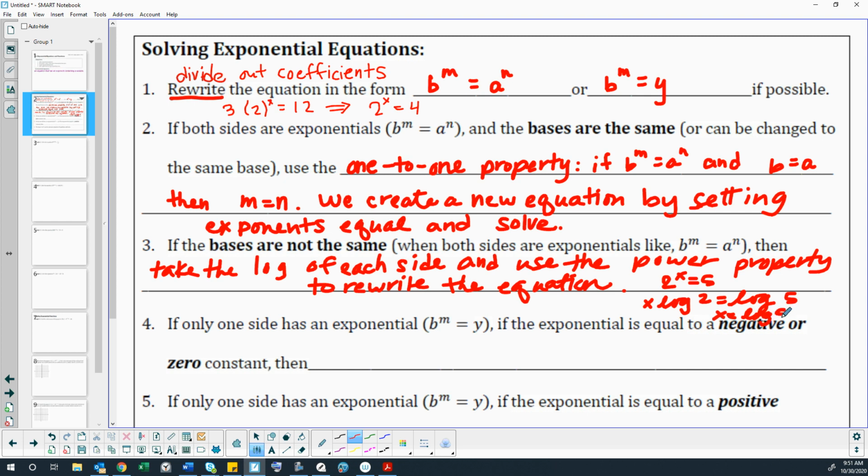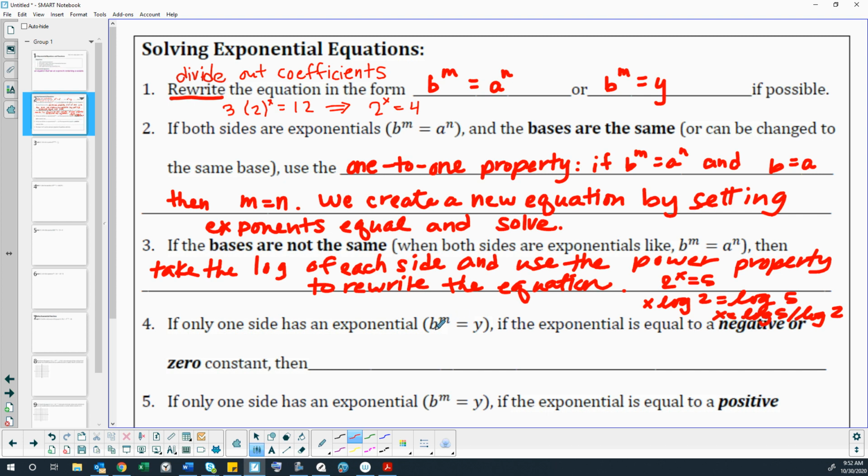That gives me log 5 divided by log 2, which is a beautiful exact answer, or we can throw that in a calculator and get an approximate answer, using either a log base 10 common log or a log base e natural log. It doesn't matter which one you use, either way you'll get the same ratio and the same answer.